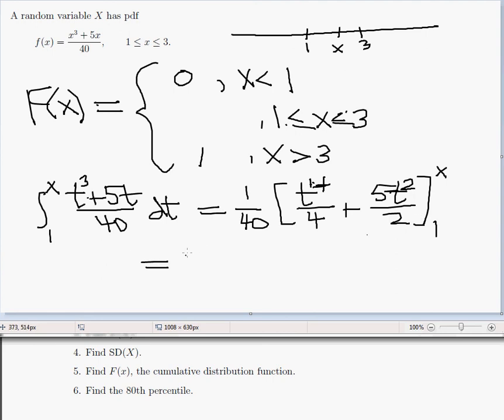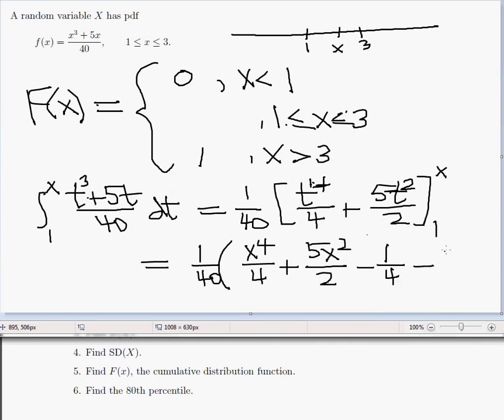And so this will be equal to 1/40 times x to the 4th over 4 plus 5x squared over 2, minus, then plugging in 1, I get 1/4 plus 5 halves.